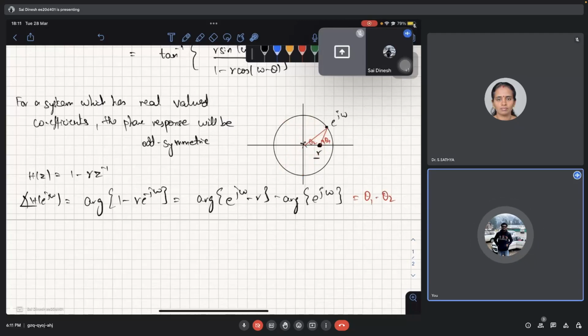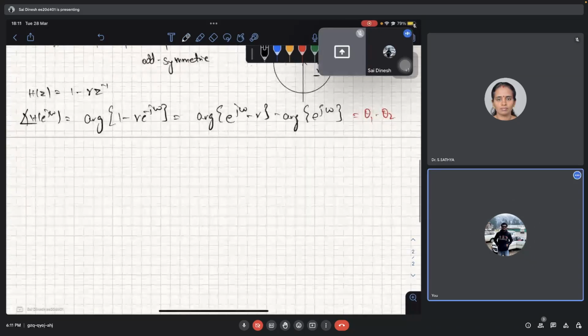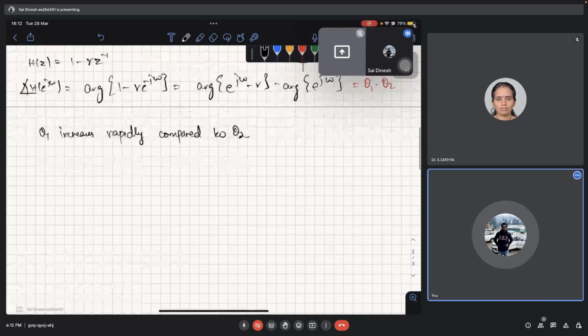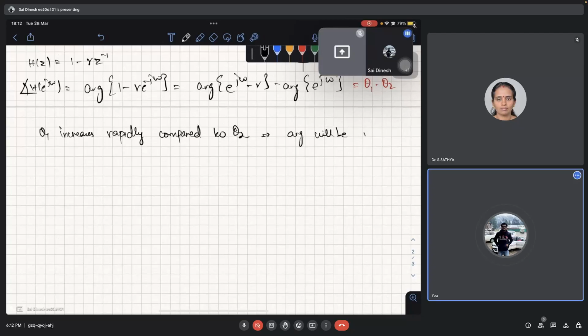Theta 1 is increasing rapidly compared to theta 2, which implies the argument will be positive. That is for omega greater than 0.